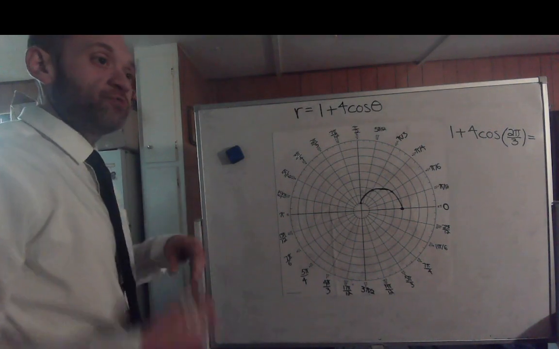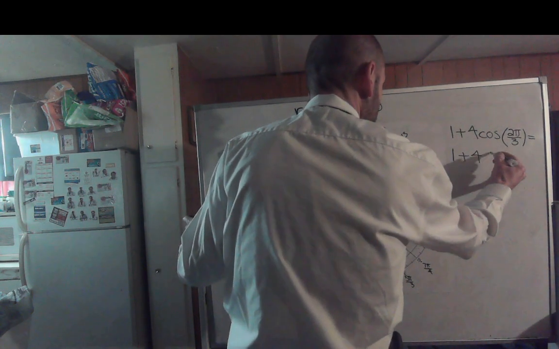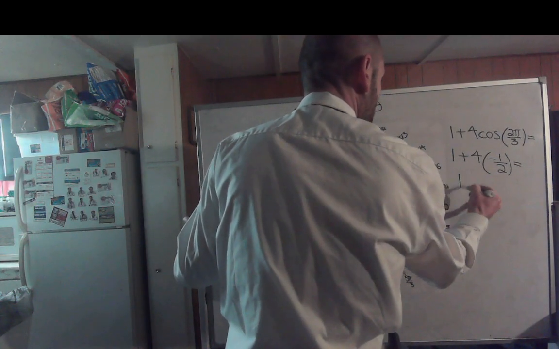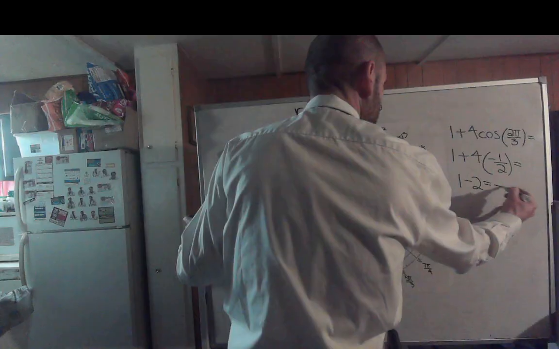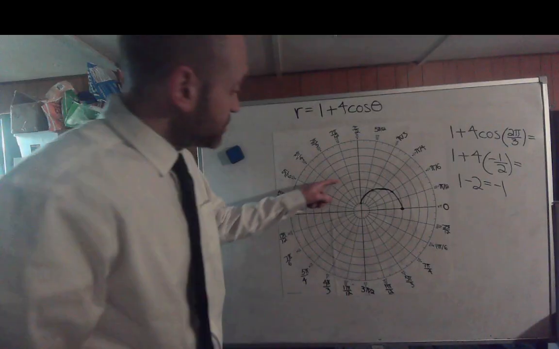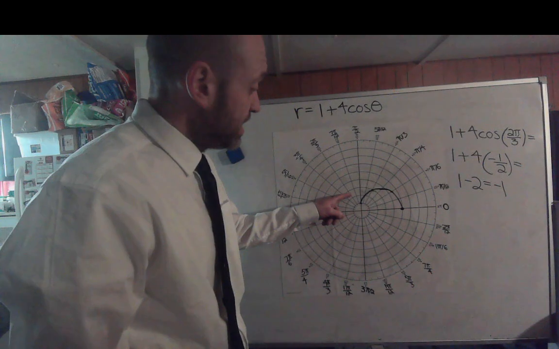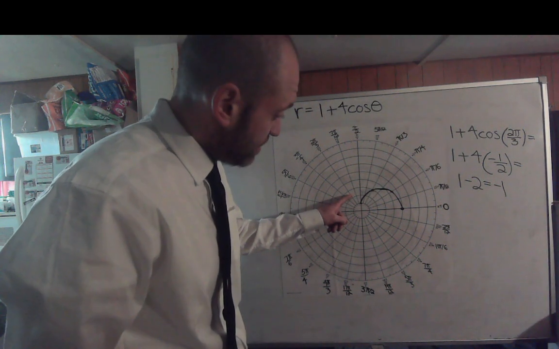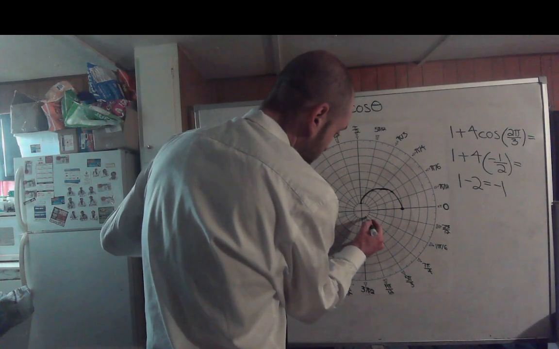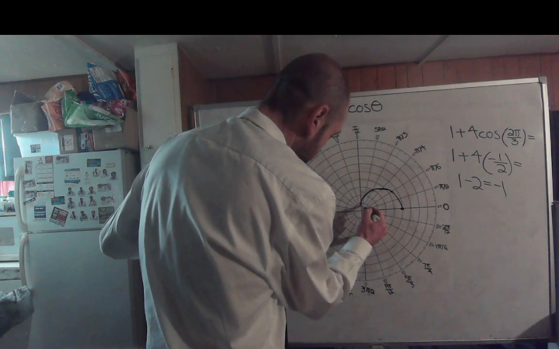It's 1/2, but we got to negate that, so you would end up having 1 plus 4 times negative 1/2, which would end up giving me 1 minus 2, which would give me a coordinate of negative 1. So at 2 pi over 3, I actually have a coordinate of negative 1, which would put me down at actually 5 pi over 3. So there's my negative 1 on the 2 pi over 3. Let's connect what we have so far.